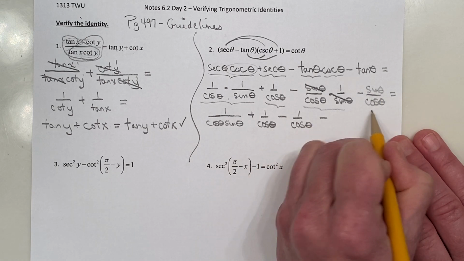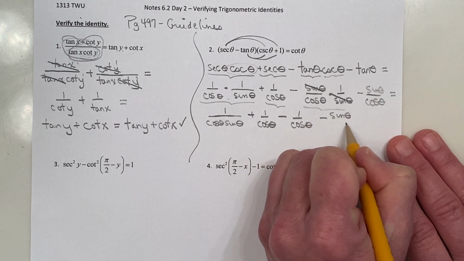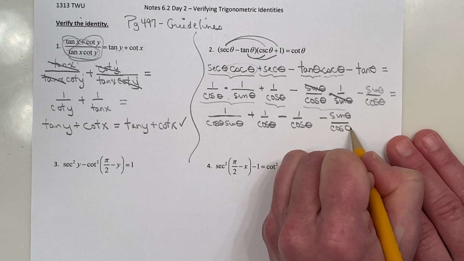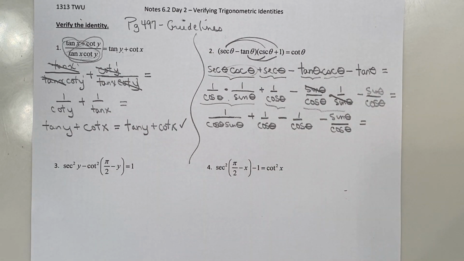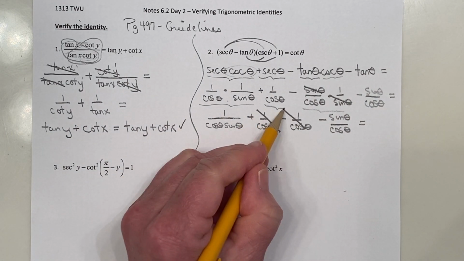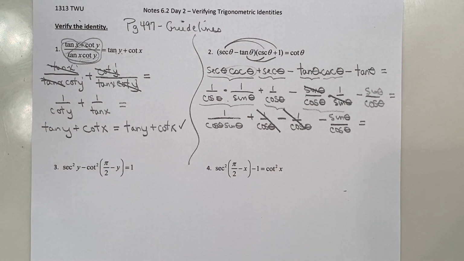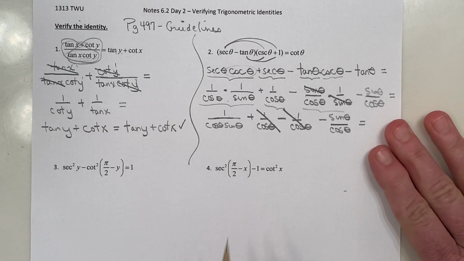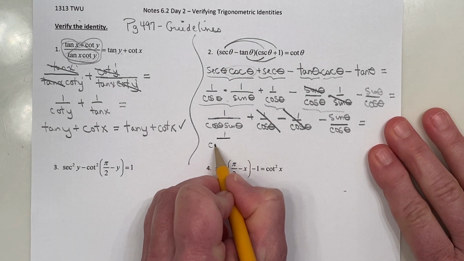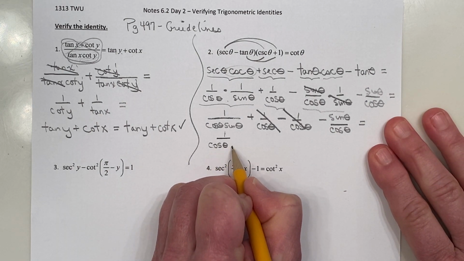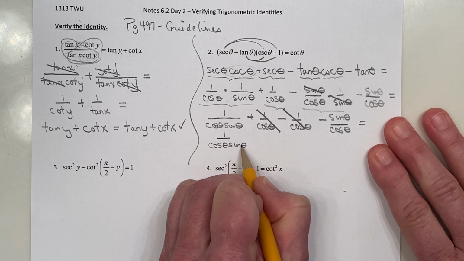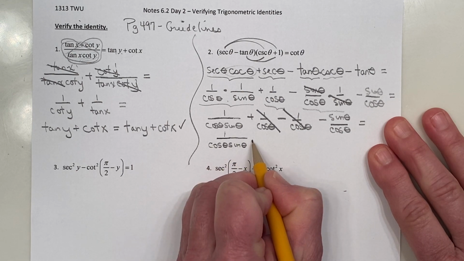And then here I have the minus sine theta over cosine theta. You may have observed that these are identical opposite terms, so they cancel. Now what I'm left with are these two terms. Don't forget to extend that fraction bar.